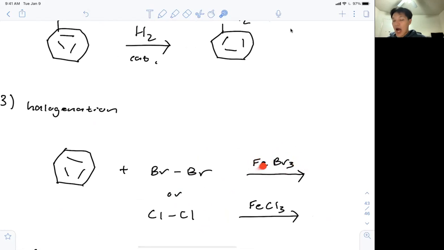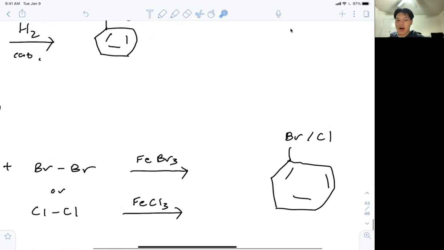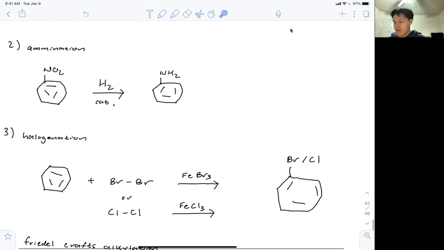So we have iron, Fe, and then tribromine, and then trichlorine. Yes, this is weird. I also agree that it's really weird, but it is something that you have to know, and I'm sorry. But what it does is it adds it on the top of the benzene, so it still preserves the aromaticity. I'm so sorry, this looks really bad, but it's okay. We have the bromine or the chlorine on top, depending on what you added.